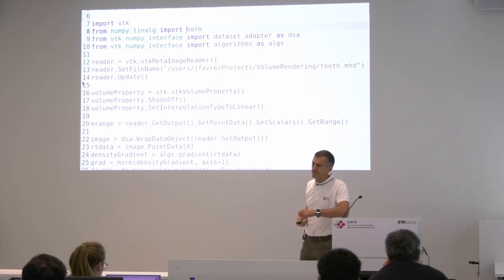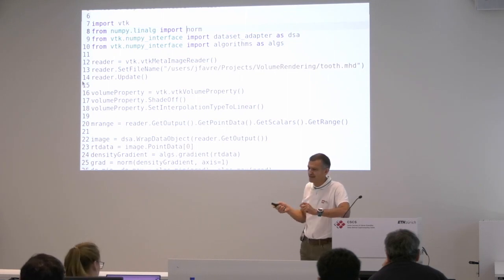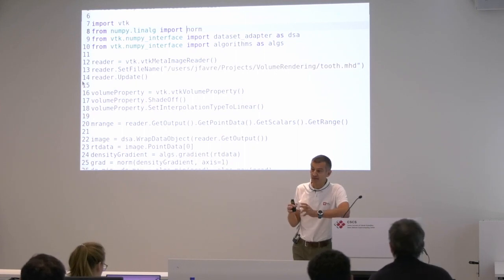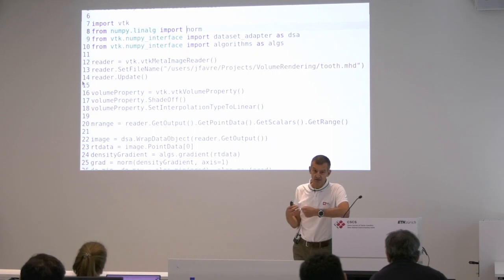So I would need a whole hour of lecture to give you details about this, but the message is you can mix and match NumPy and VTK arrays. You can interchange from one to the other, which means you can inherit all the very strong mathematical support available in NumPy directly in ParaView.